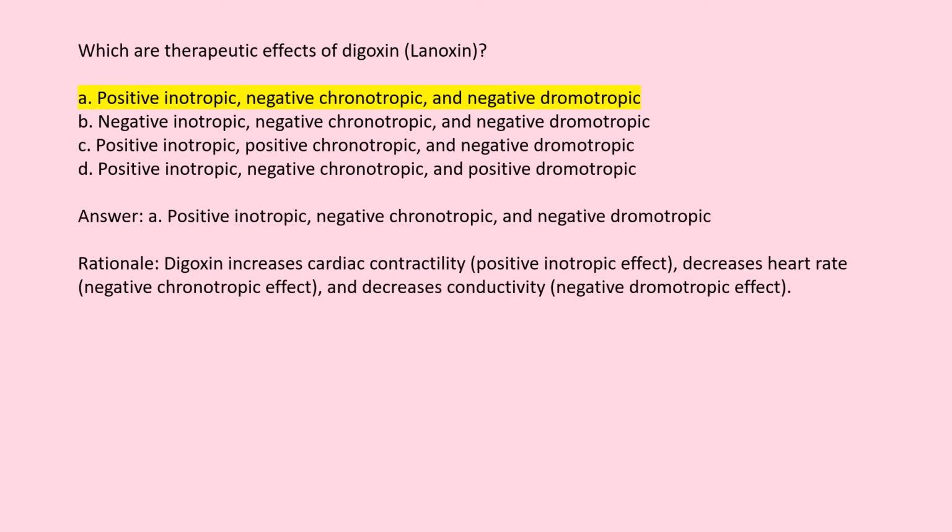Answer. A. Positive inotropic, negative chronotropic, and negative dromotropic. Rationale. Digoxin increases cardiac contractility, positive inotropic effect. Decreases heart rate, negative chronotropic effect, and decreases conductivity, negative dromotropic effect.